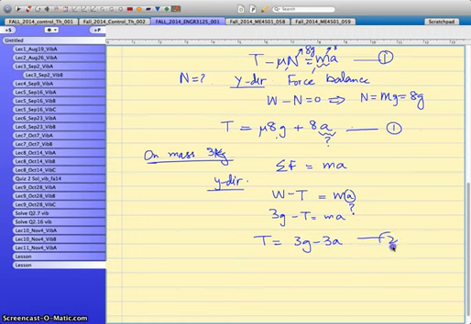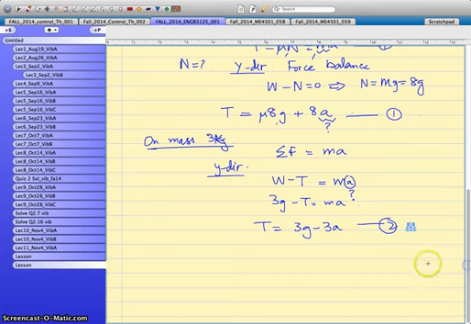Can you solve for this easily now? Yes, of course, we have two equations, two unknowns. So let's find out T from here and plug it in over here. So 3g minus 3a is equal to 0.3 times 8g plus 8a. What is the value of a?